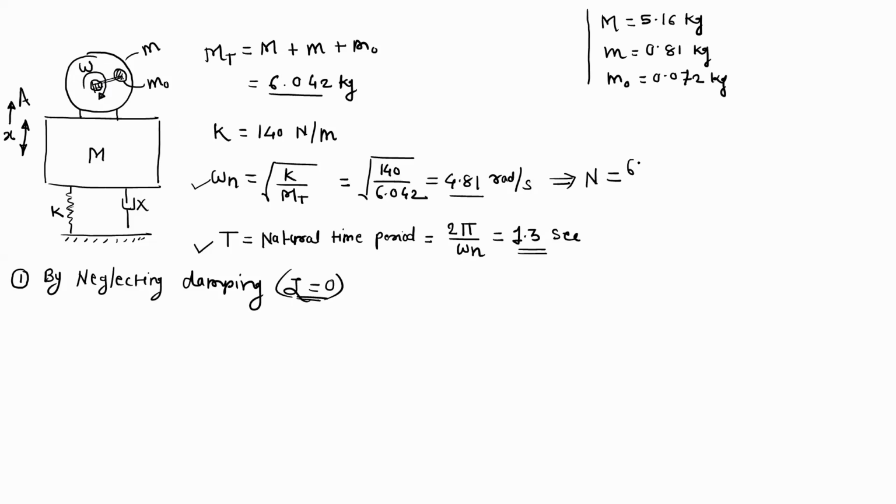so this is 60 into 4.81 divided by 2 pi. So this value is 54, sorry, 45.96.